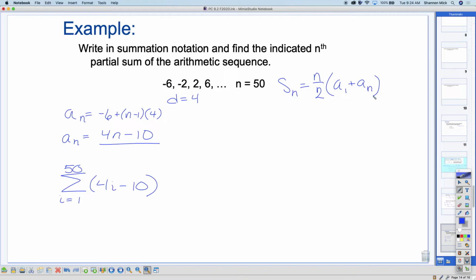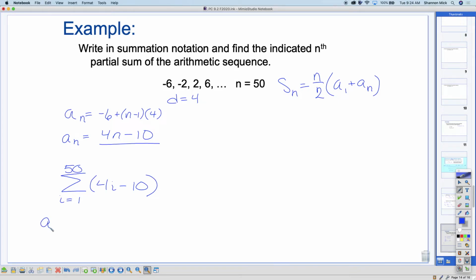A sub 1 is -6, right? Yeah, but I want to show you something. You get this by looking at this, right? Because you see it. But what if I just gave you the summation notation? How do you find the first term? You plug in the lower limit.